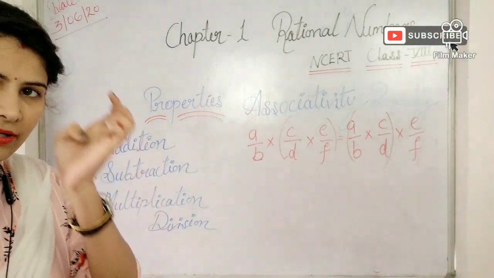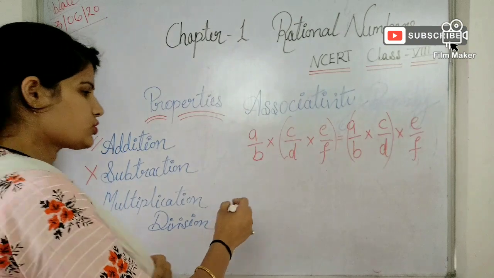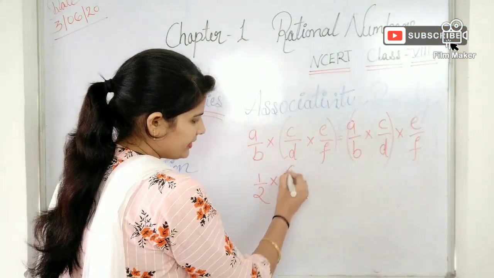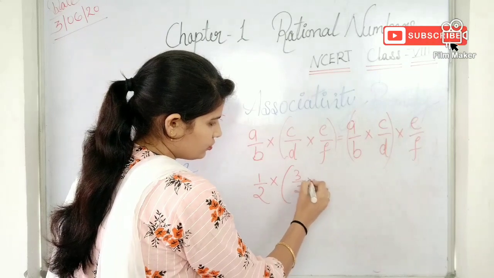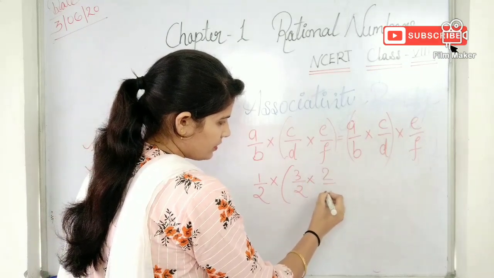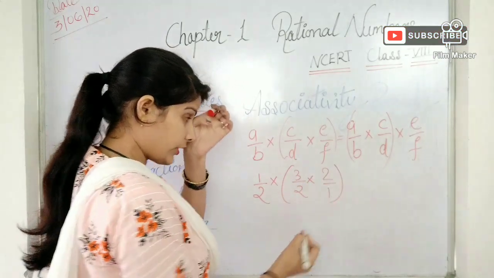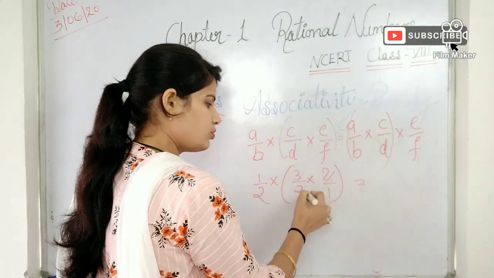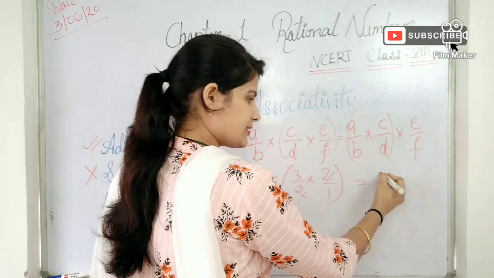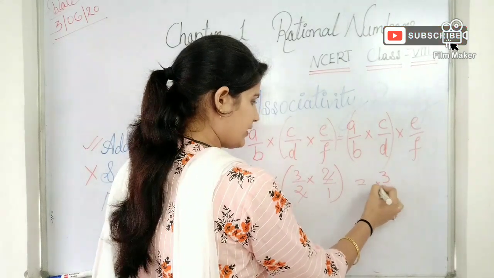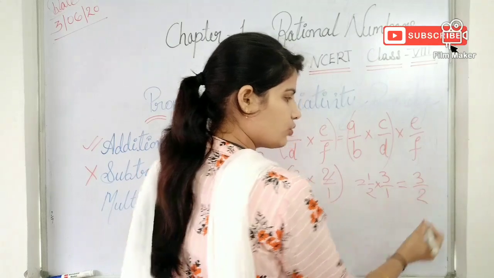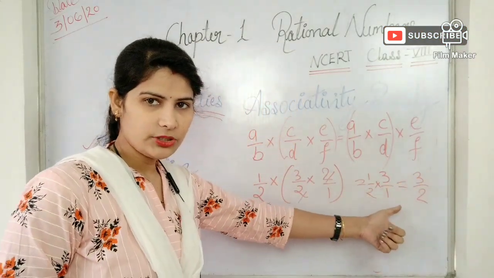Let's take one example. In the associative property, 1 upon 2 multiply 3 upon 2 multiply 2 upon 1. Solve this first. So what is the answer? 2 and 2 cancel, 3 upon 1 into 1 upon 2. 3 and 2. So left hand side is 3 upon 2.